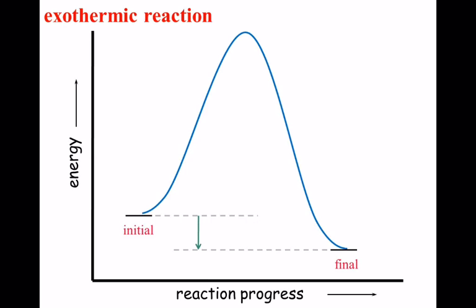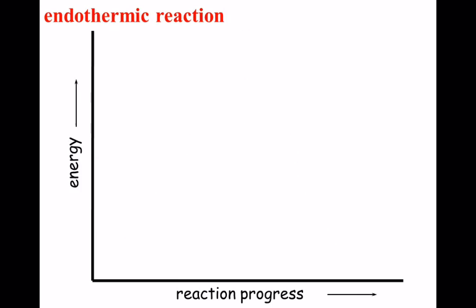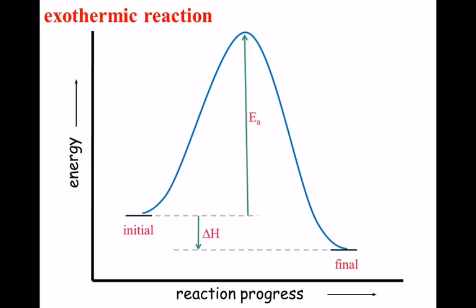So we've talked about delta H's. That is your delta H, the heat of your reaction, and it would be negative. Exothermic. That right there is your activation energy, your energy barrier. And they're always positive.